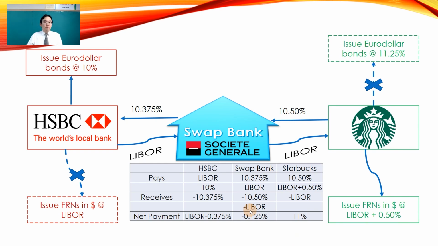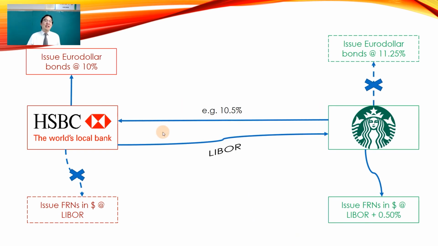And then if these two meet each other directly and say hello, HSBC, hello, Starbucks, and they just shake hands and do their own swap contract, that's fine. That's when HSBC works as a dealer, I guess, partly dealer, and then satisfying their own funding needs like that.